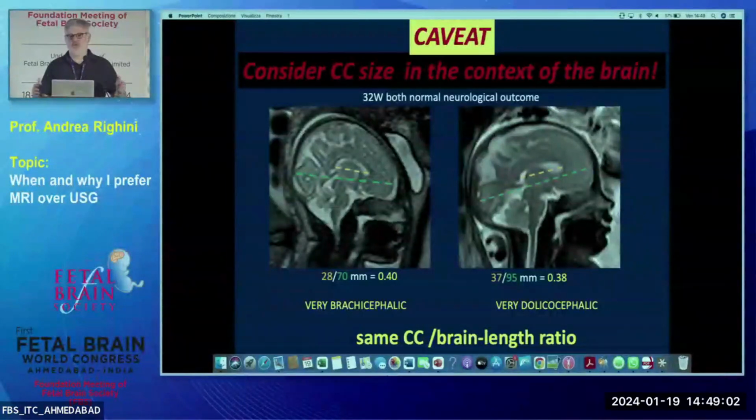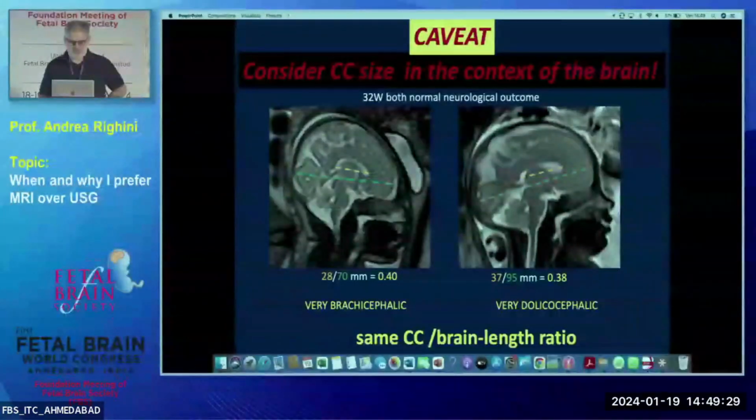It's not the solution for all the problems, because in the future we're probably going to have segmentation thanks to artificial intelligence and a really reliable high resolution DTI. But for the time being, in clinical routine, please consider the shape of the brain when you consider the possible normality in size of the corpus callosum.